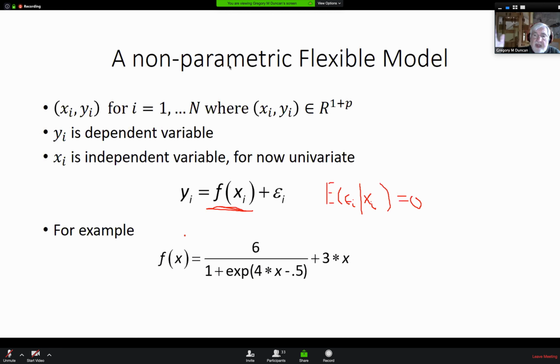Here's a function I just pulled out of nowhere, and I'm going to generate some data based on this, and I'm going to introduce you to your first kind of non-parametric models. I'm going to assume that we have errors that are normal with a variance of 0.01, so the standard error is 0.1.